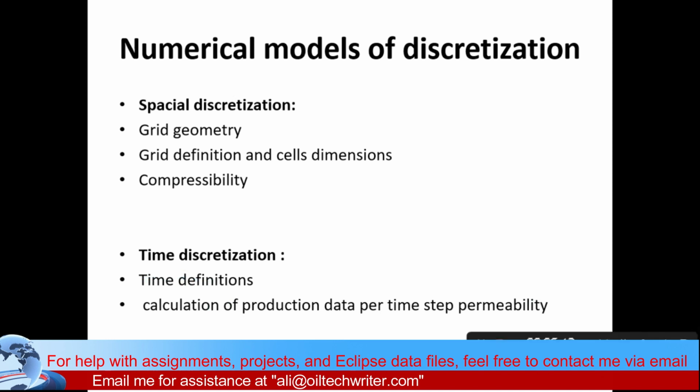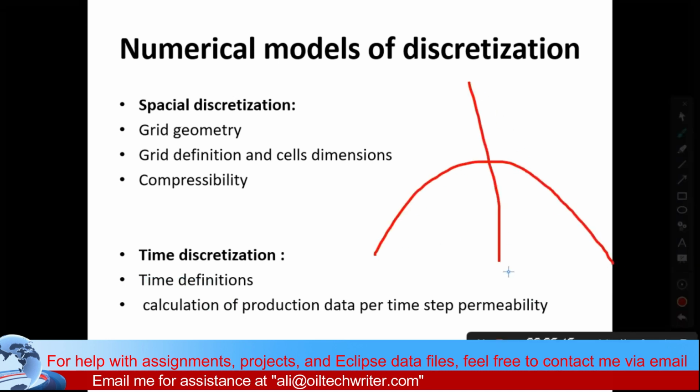Spatial discretization means, for example, again you have this situation of the well, and the saturation here and the saturation here are not the same, they are different. Here may be oil, here may be water, this may be oil, or above may be gas. So saturation is also changing.